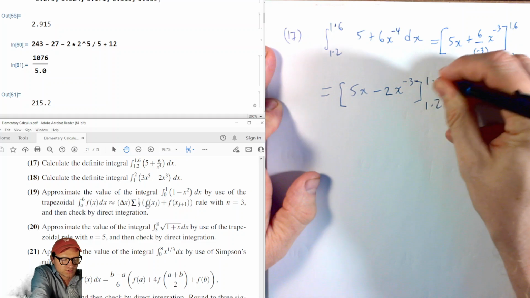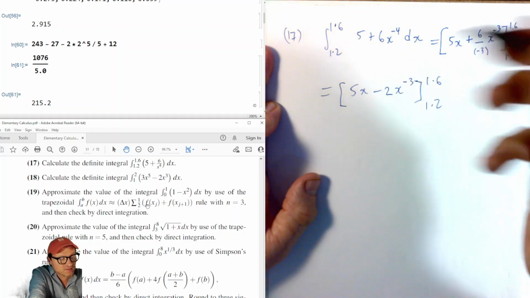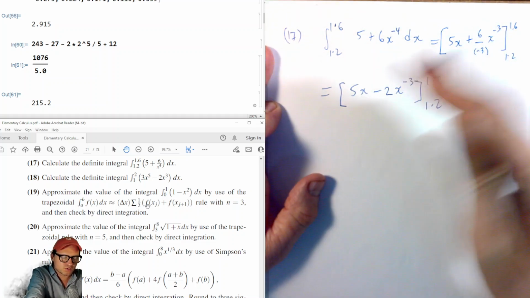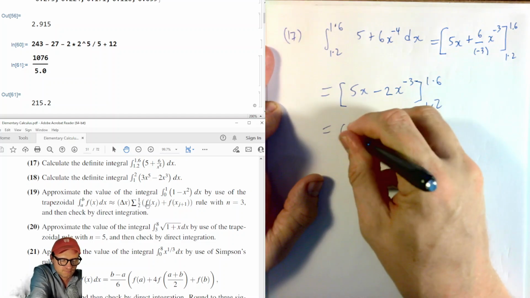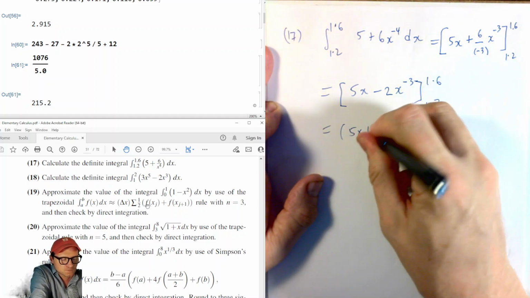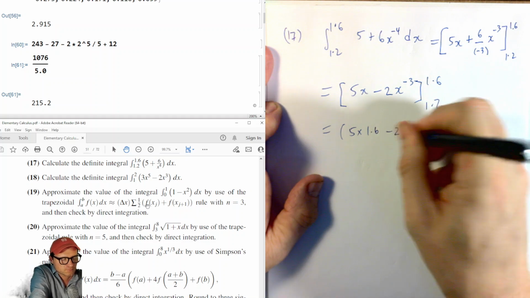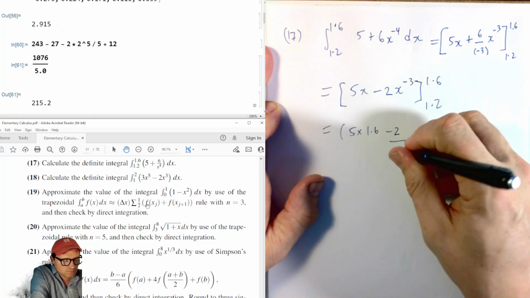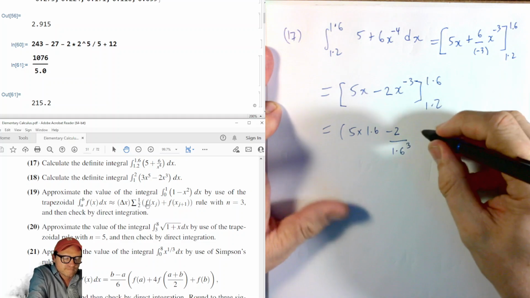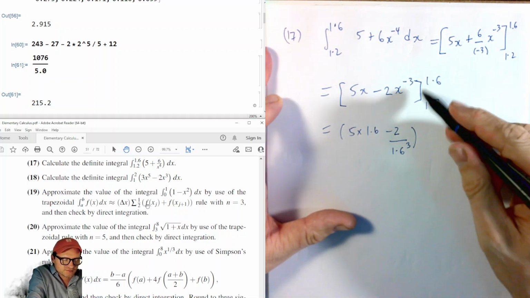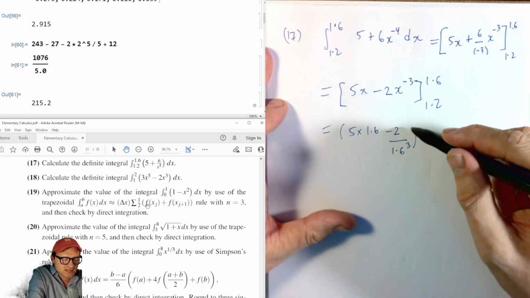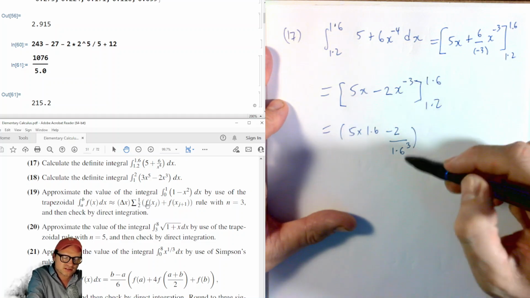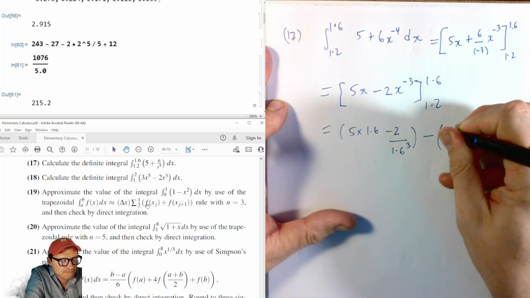1.2 to 1.6. So we sub in the 1.6, we sub in the 1.2, we subtract the results. Okay, so I've taken that 3 downstairs and written it as 1 over x cubed and then sub the 1.6 in.